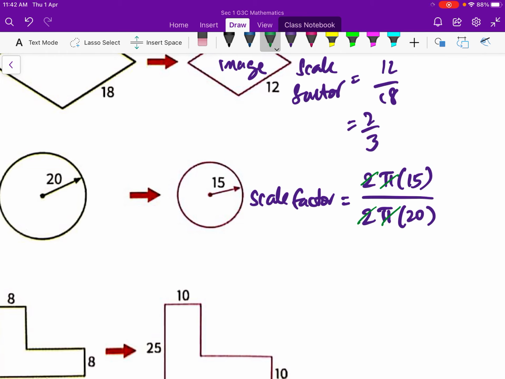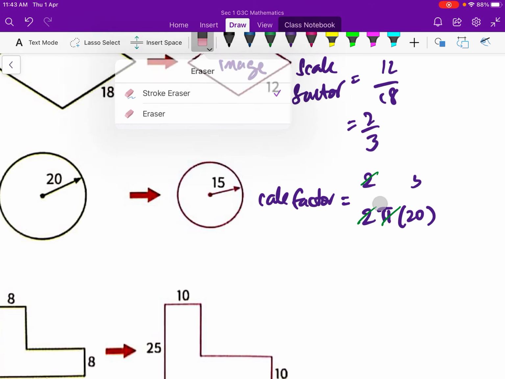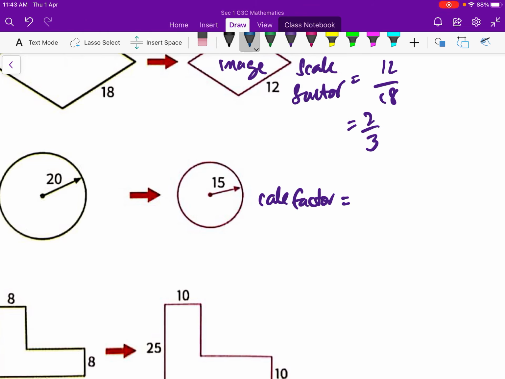Eventually, the scale factor is just the ratio of the radius. And in fact, if they did not provide the radius, if they gave you the diameter, it's still going to be the same thing. 30 over 40 is the same as 15 over 20. So in this case, we could have simplified everything. The scale factor is simply 15 over 20, giving us 3 over 4.